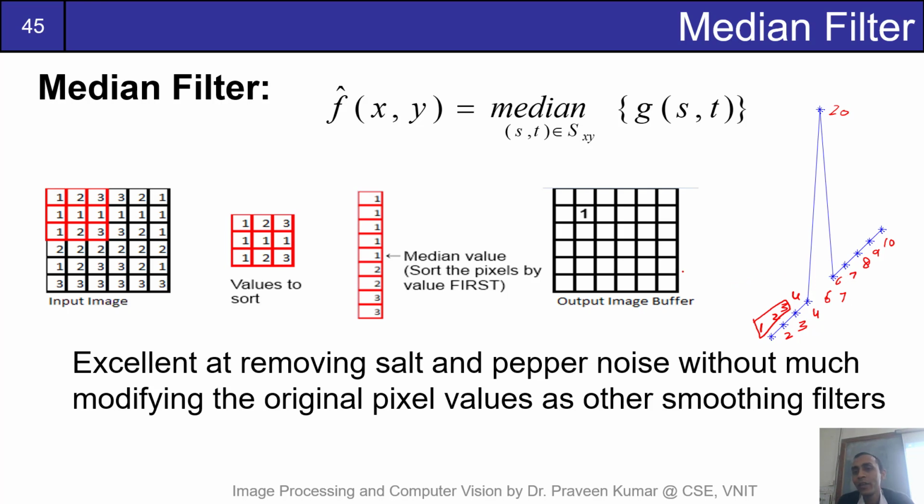It will be 6 only, na? Oh yeah, it will be 7, okay. And then again 7, 8, and 9. So you can see the values will be closer to the original values rather than that.